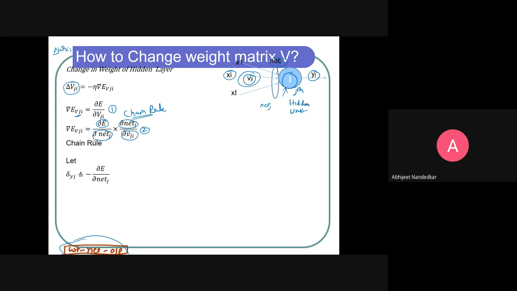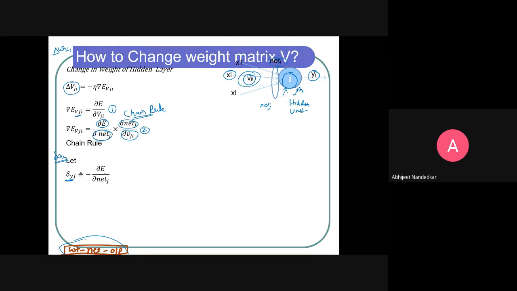Now again we will define the delta signal for the hidden layer. So that is delta Yj now. Earlier we defined delta OK for the last layer. Now I am going to define delta Yj again exactly in the same fashion. So it is now the partial differentiation of error with respect to net j.